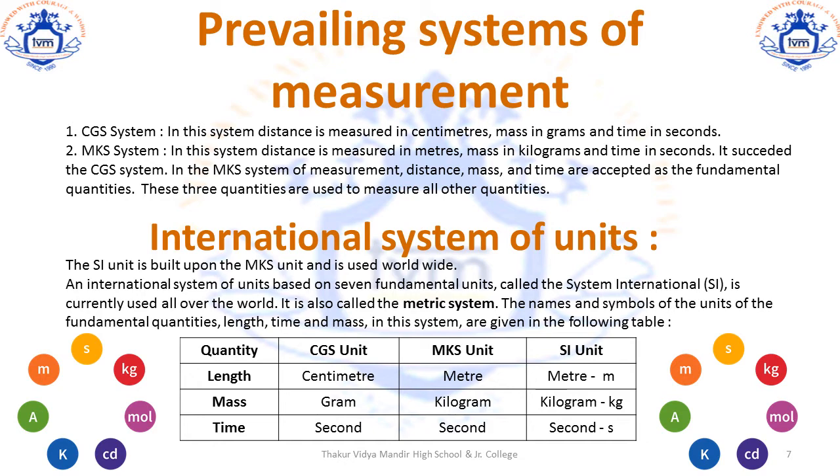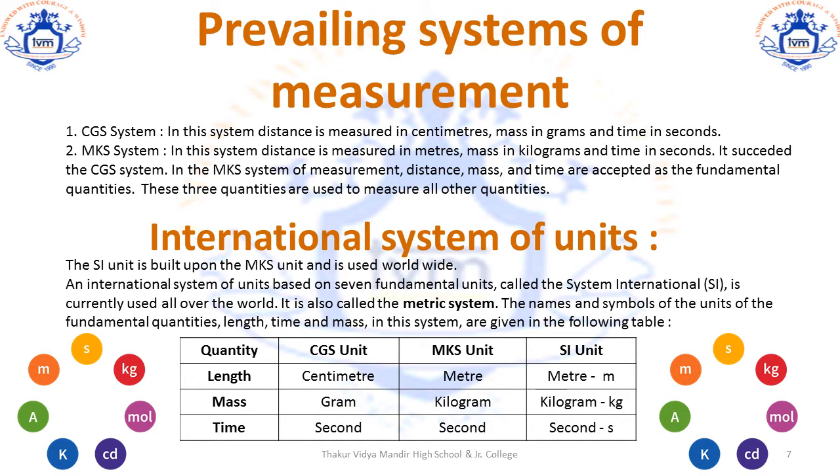The first one that we'll learn about is the CGS system to measure length, mass, time. CGS stands for centimeter, gram, second. The units that are used to measure length, mass and time are centimeter, gram and second. It is followed by the MKS system wherein length, mass and time are measured using meter, kilogram and second.